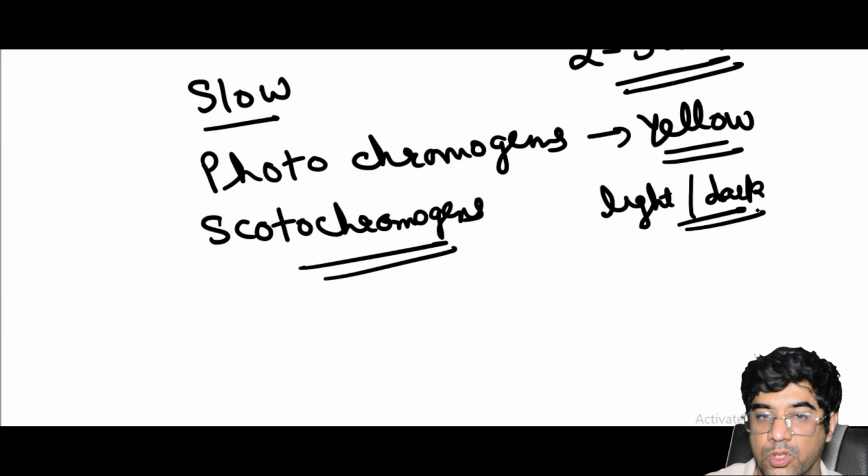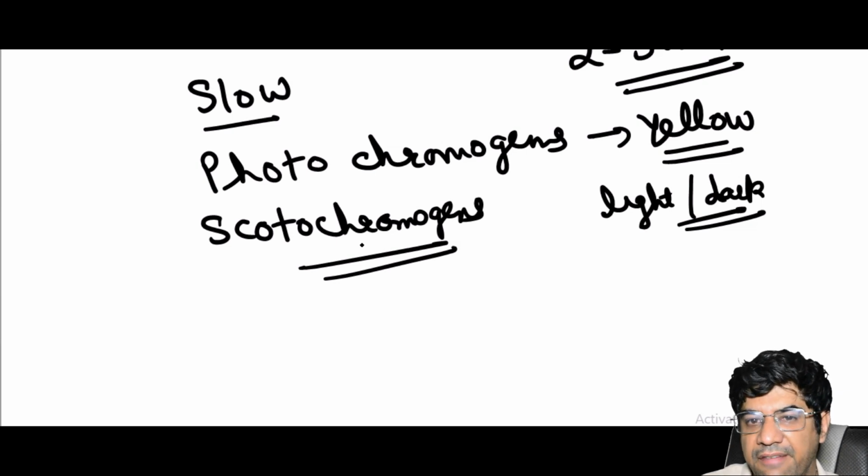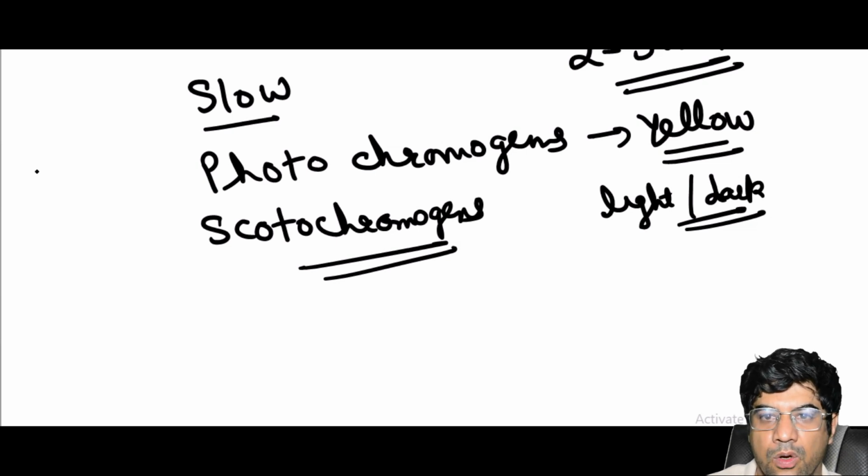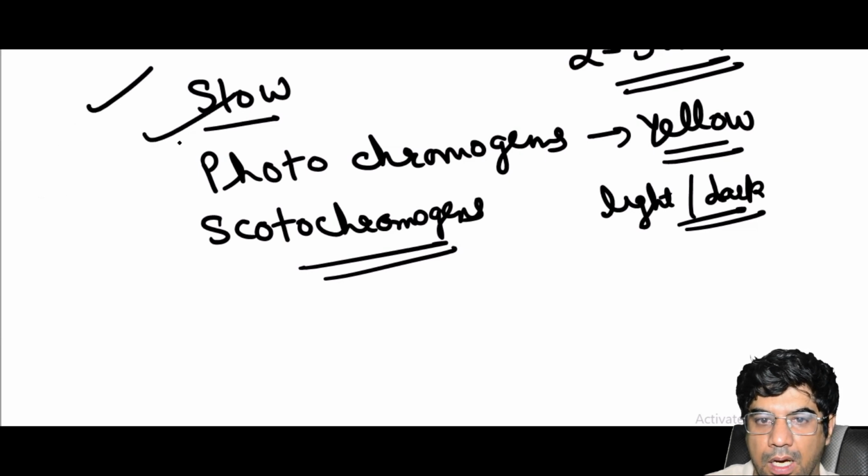Whereas non-chromogens are the ones that do not produce pigment. What is the difference between the rapid and slow growers among the atypical mycobacteria? The rapid growers grow in 7 days, whereas the slow growers take around 2 to 3 weeks.